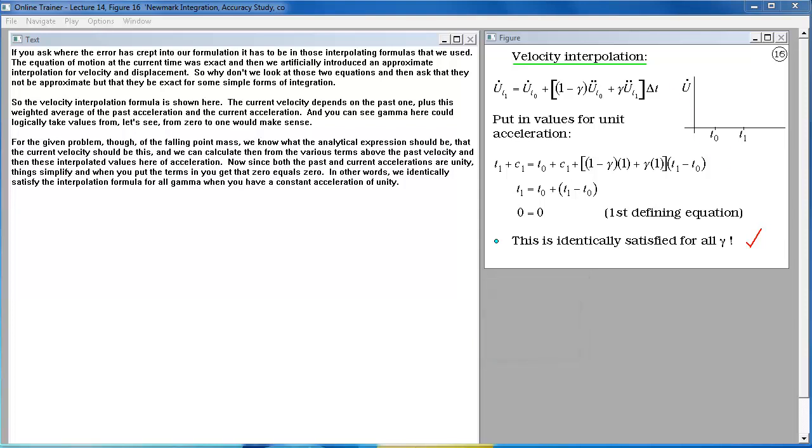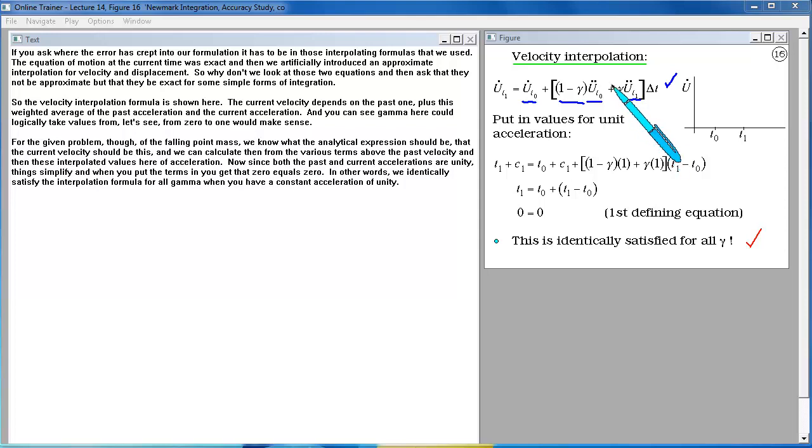So the velocity interpolation formula is shown here. The current velocity depends on the past one, plus this weighted average of the past acceleration and the current acceleration. And you can see gamma here could logically take values from 0 to 1.